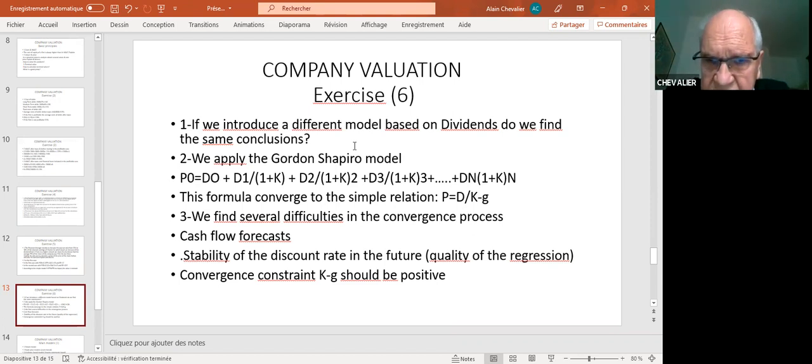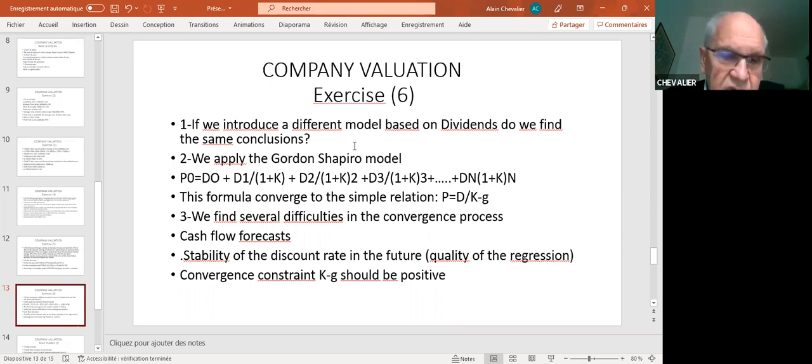The first possibility is to calculate the distance of each point, all these dividends, 10 or 11 points, to the straight line which has been estimated during the regression process.